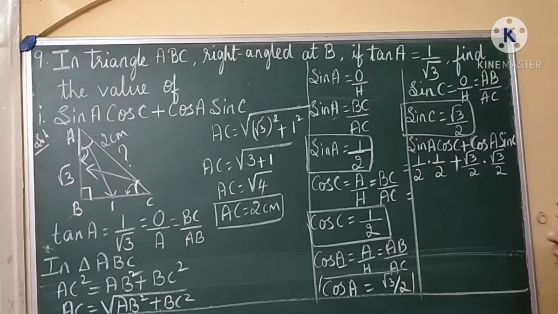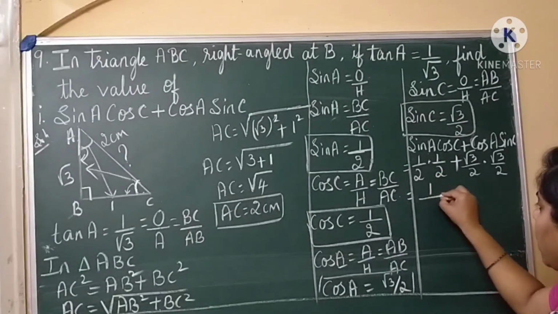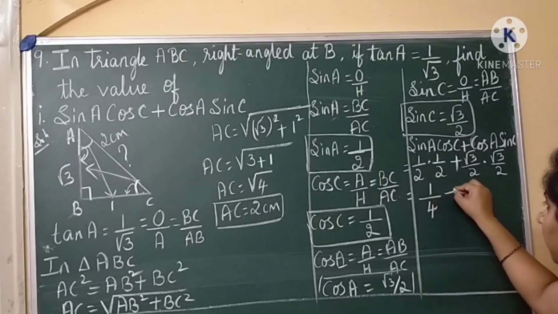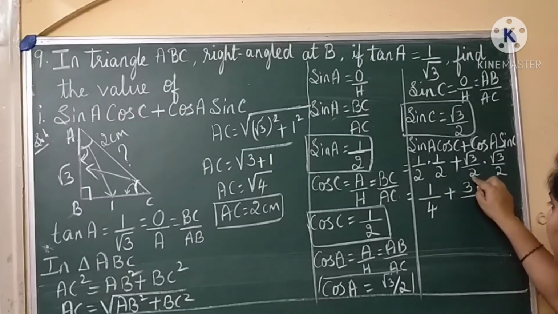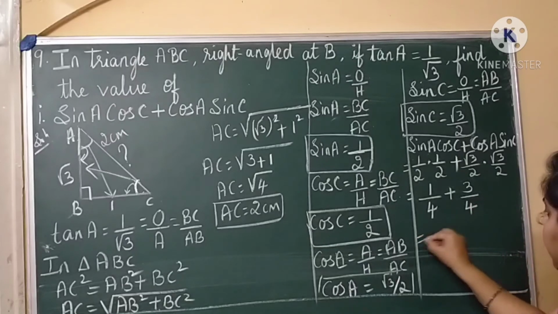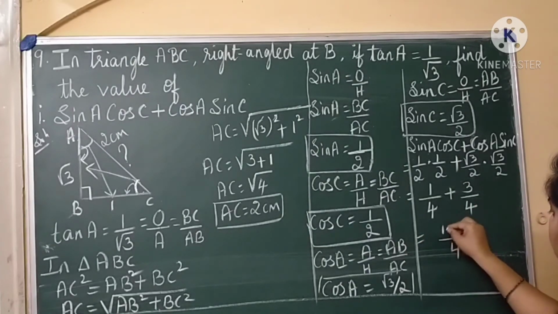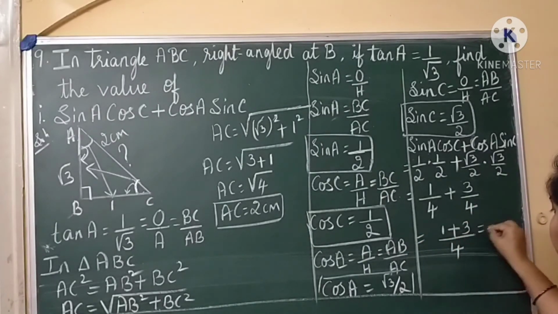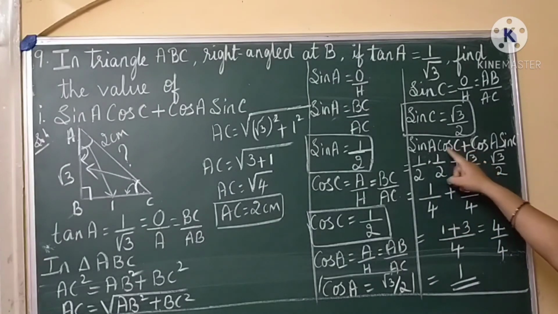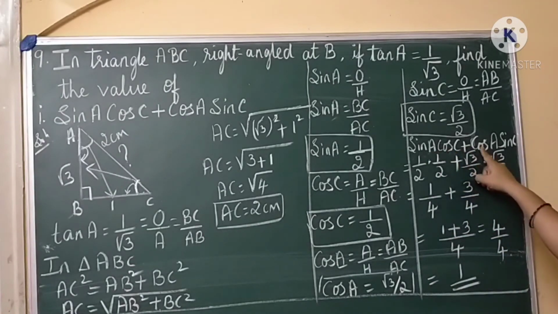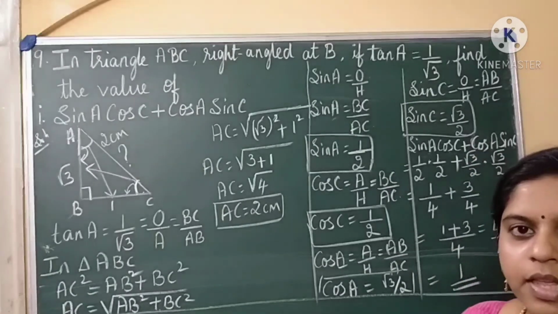Simplifying further, we get 1 into 1 is 1, 2 into 2 is 4, plus root 3 into root 3 is root 3 the whole square, that is 3, and 2 into 2 is 4. Taking the LCM, 4 is the LCM, 1 plus 3. So we get 4 by 4, which is nothing but 1. 1 is the answer for sin A into cos C plus cos A into sin C, which gives you the value 1.